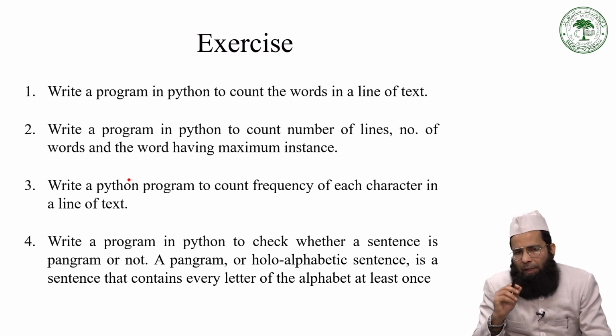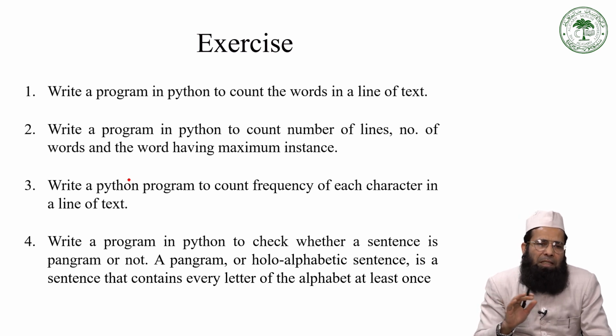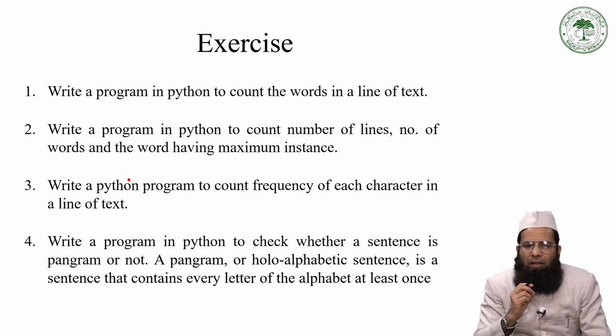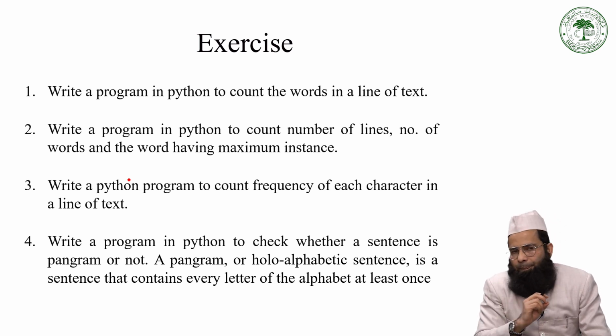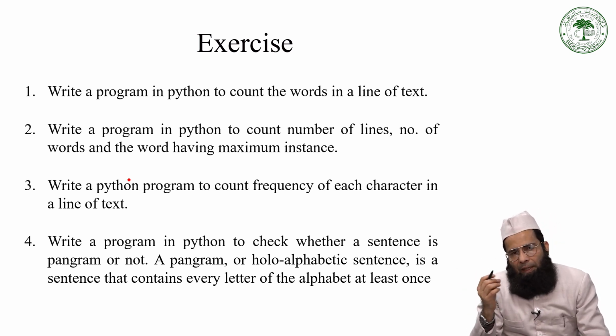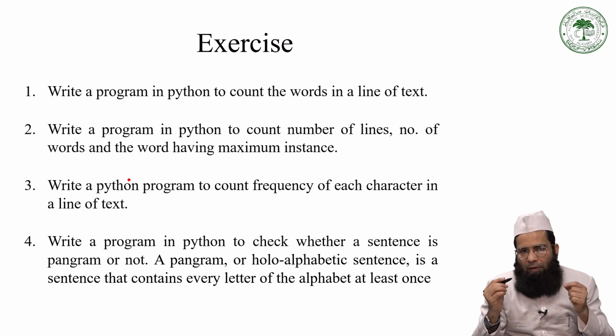There is one more typical program: write a program in Python to check whether a sentence is a pangram or not. A pangram or holoalphabetic sentence is a sentence that contains every letter of the alphabet at least once, right? It means a pangram has all the letters of the English alphabet. So how will we solve it?